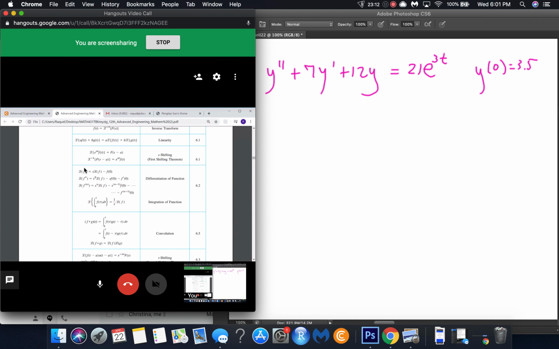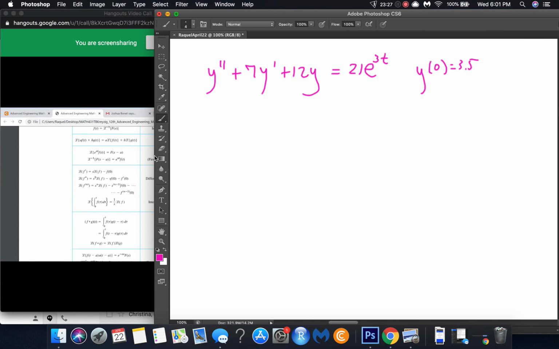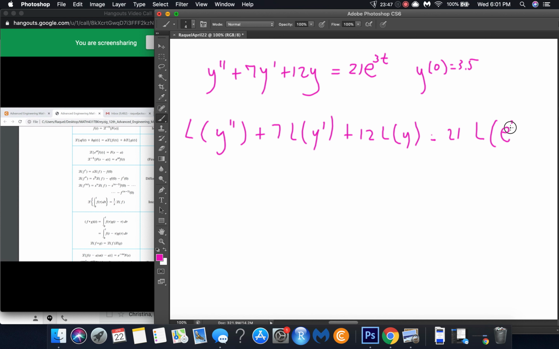So notice how the Laplace of f double prime, or in this case y double prime, is s squared times L of f minus s f of 0 minus f prime of 0. So that's what we're going to use for that part. So it's going to be L of y double prime plus 7 L of y prime plus 12 L of y equals 21 L of e to the 3t.